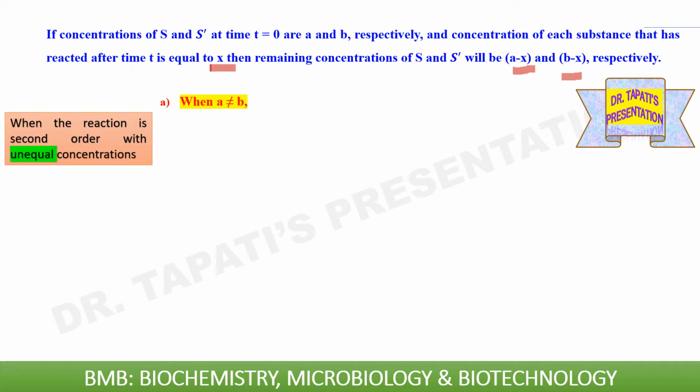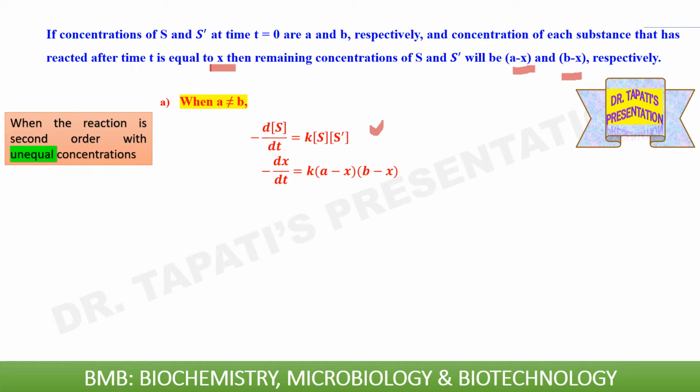Now, when A is not equal to B, that means the initial concentrations of S and S prime are not equal, the rate of the reaction is minus dS by dt, equal to K into concentration of S into concentration of S prime.